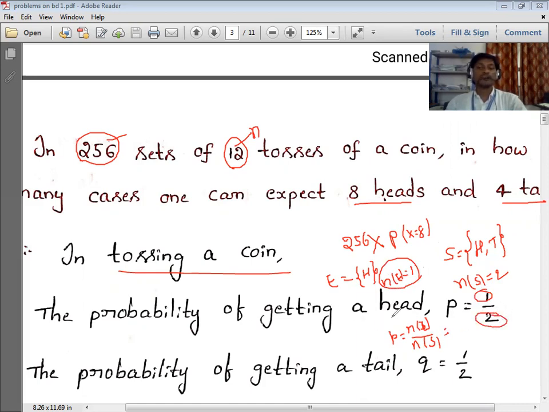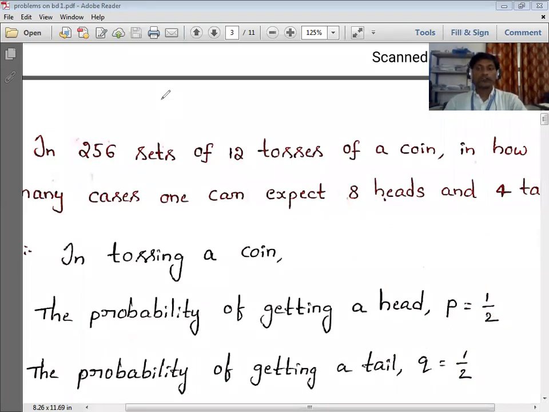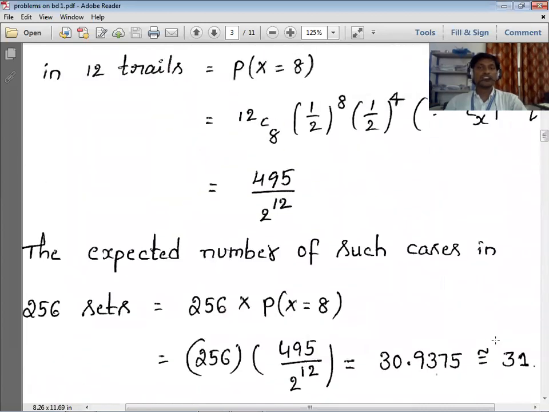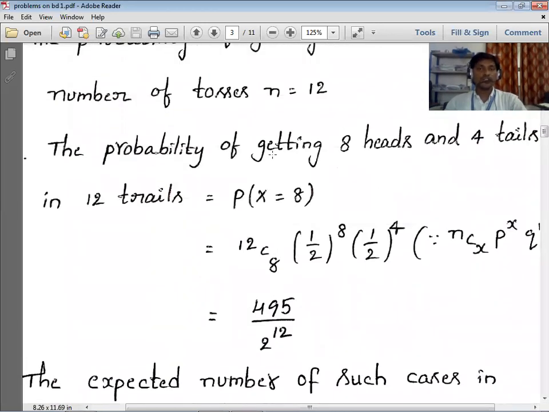So the probability of getting a head is 1 by 2. In the same way, getting a tail is the same, because the total possible outcomes are 2, and for getting a tail there is only one possibility, that is 1. Next, the number of tosses was already mentioned in the problem: n is equal to 12.